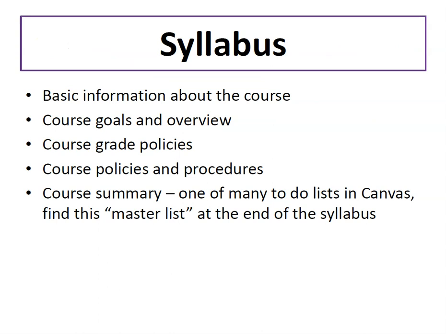The syllabus, of course, has basic information about the course goals and overview, our grading policies, our other policies and procedures, and a summary at the end of the syllabus, which is one of the many to-do lists in Canvas. And this master list at the end of the syllabus lists all the assignments for the class. You don't really need to use it, but it's a nice resource if you want to see them all at once.